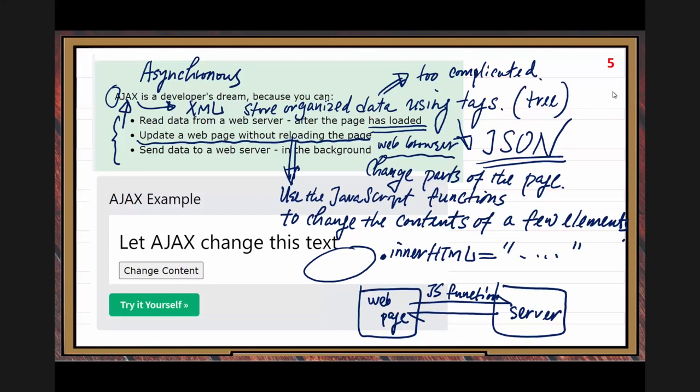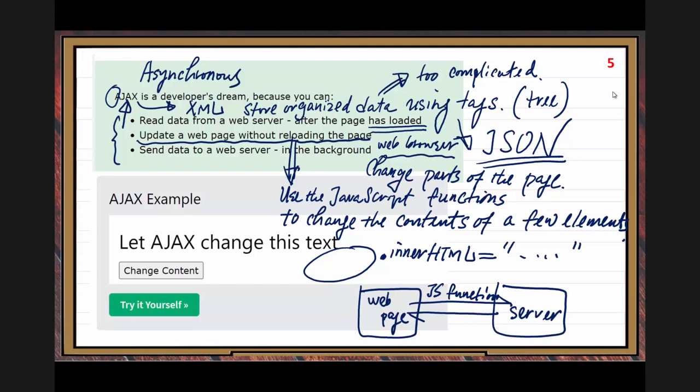When we use a JavaScript function to send the data to the server-side program, the server-side program needs to do the data processing. Sometimes the processing may take a relatively long time, let's say a few seconds. That long.